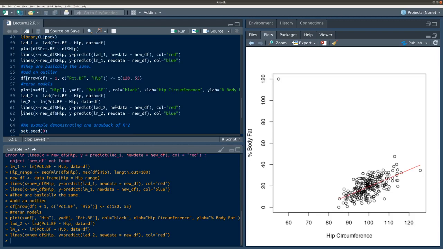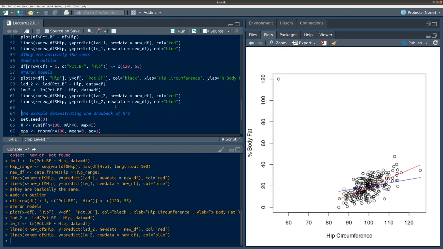This is the least absolute deviation estimator, and here's the least squares estimator. Do you see how much the least squares estimator responded to this data point? These lines were basically the same, and then after throwing in this outlier, the least absolute deviation estimator still roughly goes through the center of the points. But the least squares estimator is not going through the center of the points anymore, all because of this one outlier.